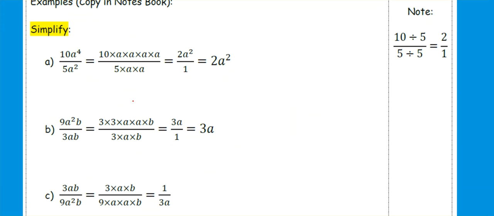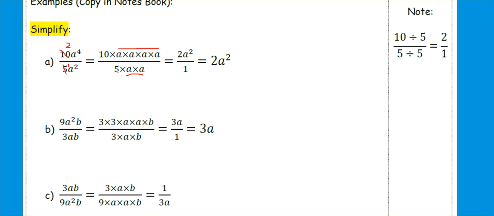So with the examples that go into your notebook, we have 5 on the bottom here and 10 on the top. So how many 5s are in 10? There are 2. Or we can simplify that fraction to be 2 over 1. A to the power of 4 is a times a times a times a. A squared is a times a.